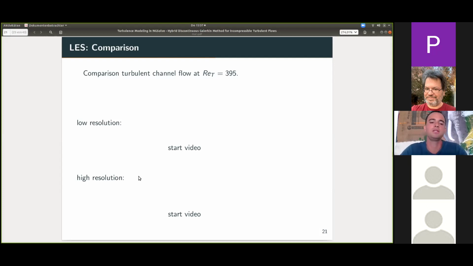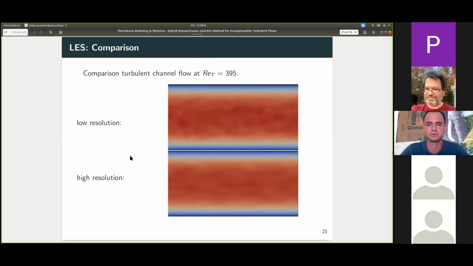And what we are going to see here is this chaotic behavior also for turbulent flows: firstly, the simulation with the coarser mesh will have an earlier start of the laminar-turbulent transition process than the one with a finer grid, and also how the flow progresses as time progresses will be quite different. So let's start the video.